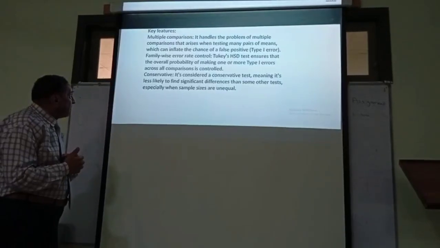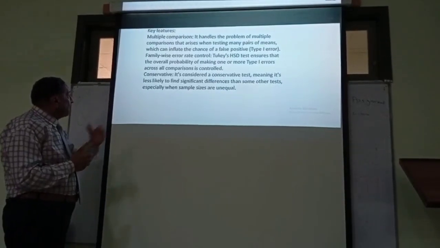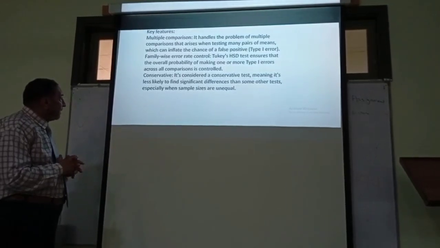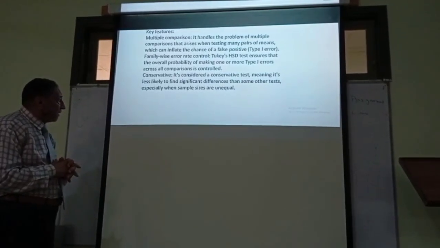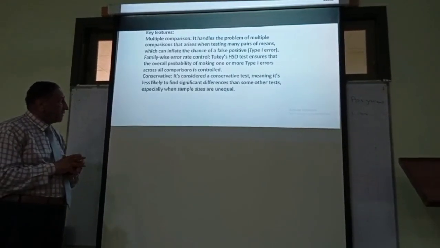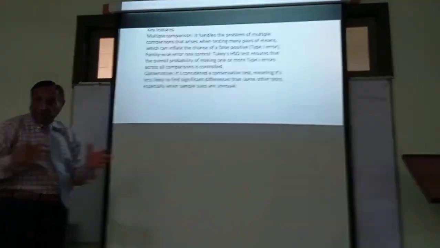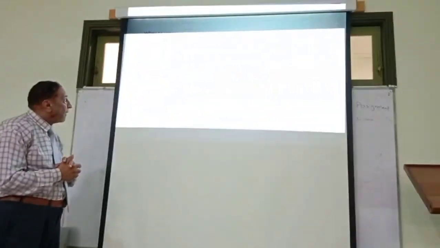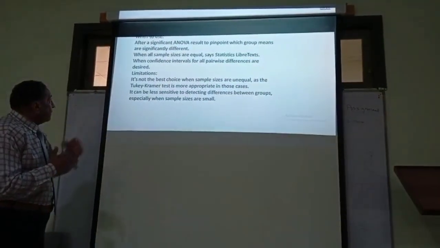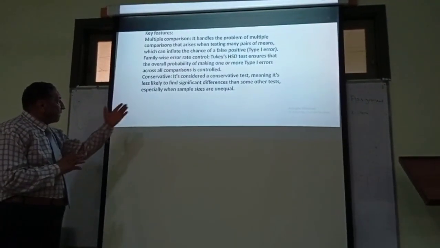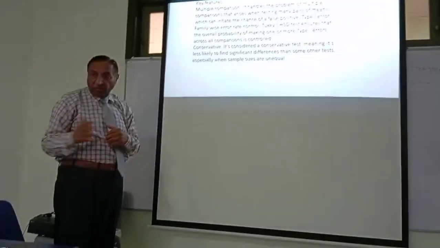Key features: multiple comparisons and conservative. It is considered a conservative test, meaning it is less likely to find significant differences than some other tests, especially when sample sizes are unequal.